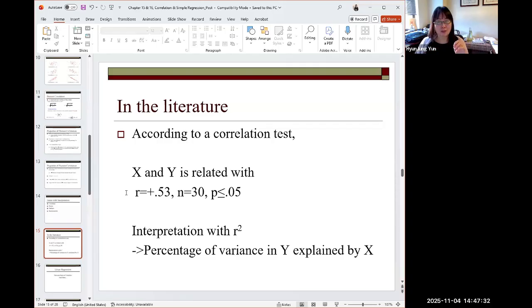The better way to use the R value for interpretation is to use the squared value of R. So square the value of R, 0.53, so maybe about 28% or something like that. That R squared value can be interpreted as how much percentage of the variability in one variable changes with another variable.